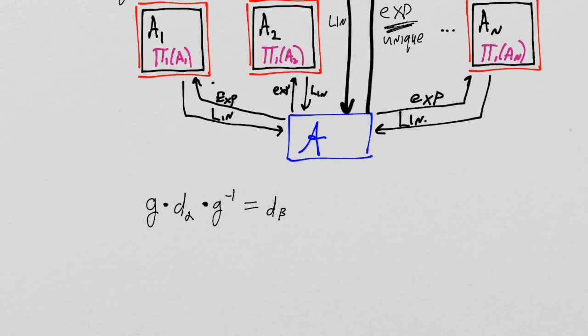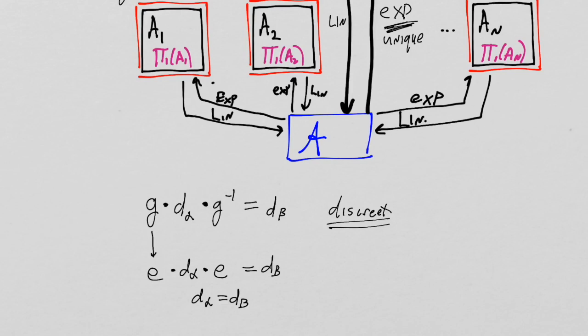But now I continuously let G move towards the identity, right? So I end up with the identity E, D alpha, the inverse of the identity is the identity, equals D beta. And what I end up with is D alpha equals D beta. And what this tells me is that in the circumstance when you can continuously move G very slowly such that this is always true, remember, the point being that D alpha and D beta are discrete. This is where the discreteness comes in.